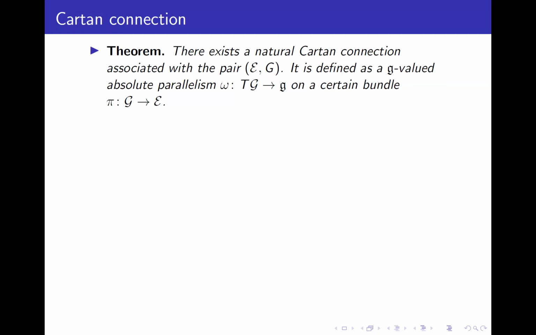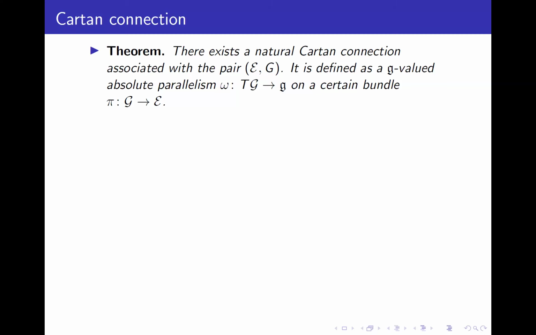That's just a connection associated to a Riemannian or pseudo-Riemannian metric. They are all particular cases of Cartan connections. So a Cartan connection is something more general. Conformal connections actually are just Cartan connections, exactly.